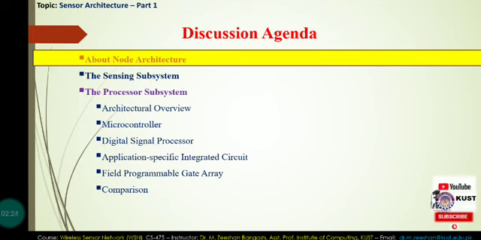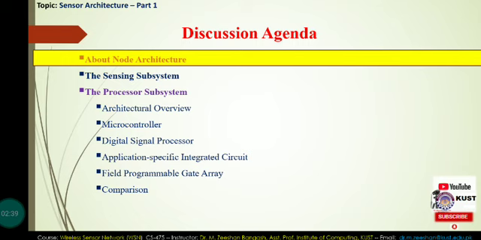As I have already discussed, wireless sensor nodes are the central element of a WSN. It is through these nodes that the processing, the communication and the sensing all take place.